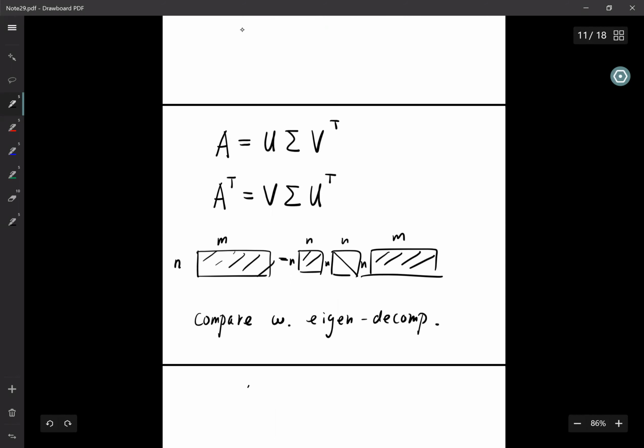Recall that eigenvalue decomposition says A v i equals lambda i v i.